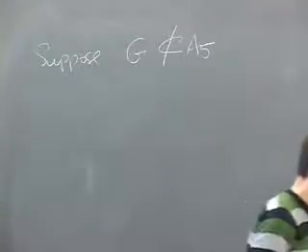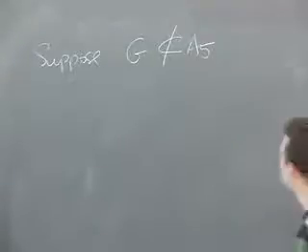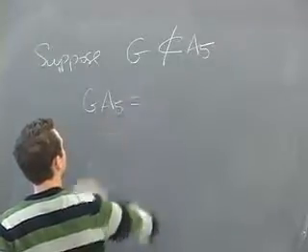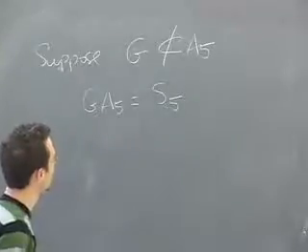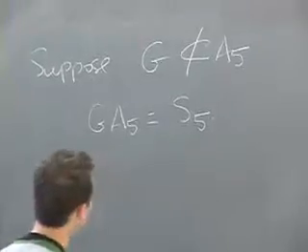Well, remember A5 has index 2 in S5. So that implies that GA5 must be all of S5, right? Because we're multiplying by this thing, I get the other coset. So it gives me all of S5.